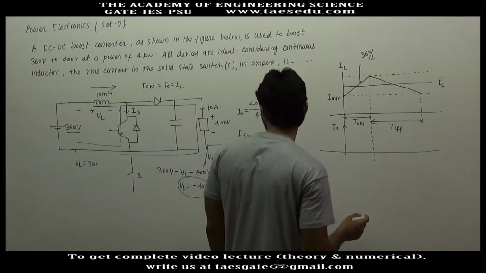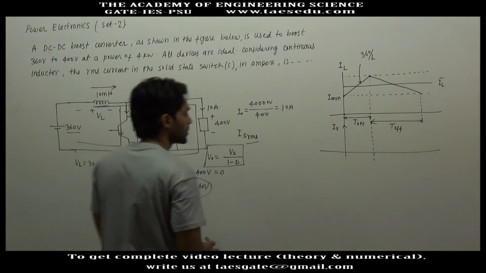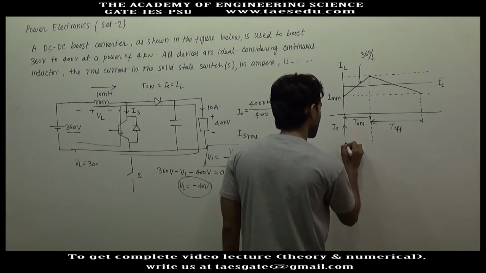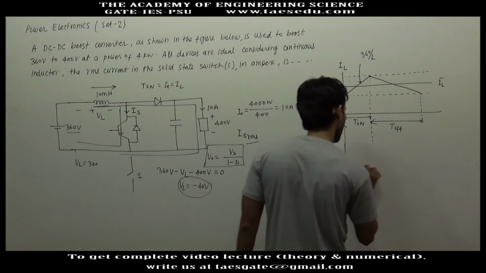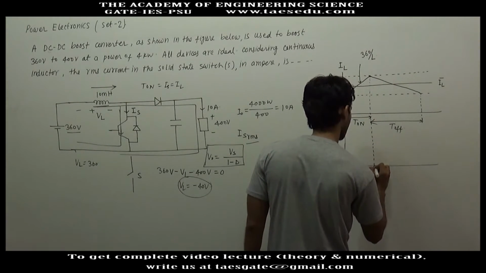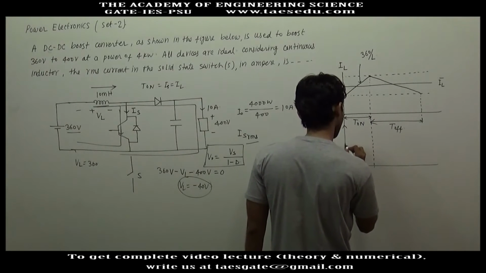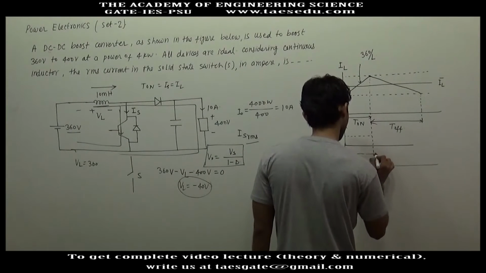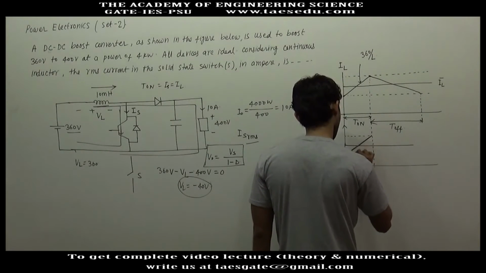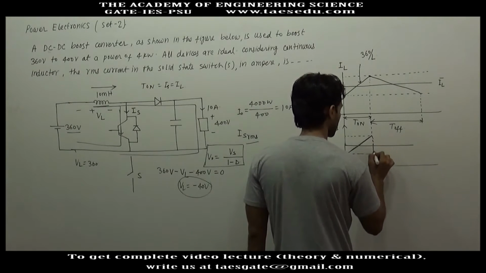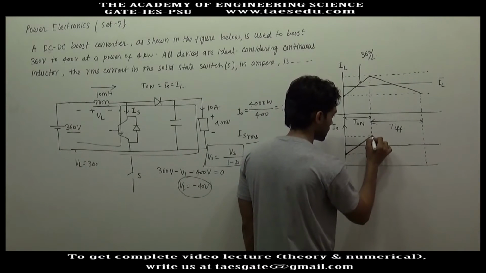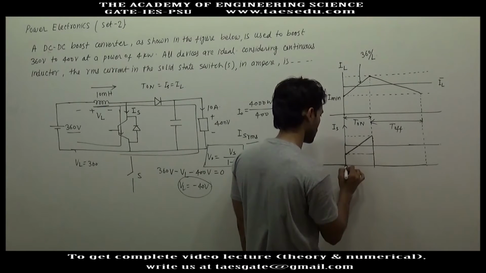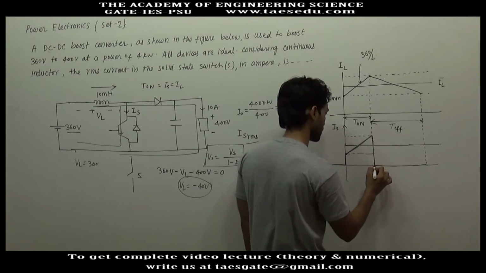You will draw the graph which is the same as inductor current during T on. This is the average value of inductor current and this is the switch current. After this point, switch current will be 0. This is the graph of switch current.